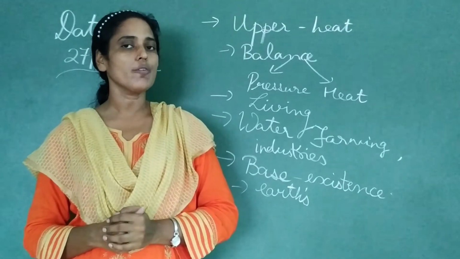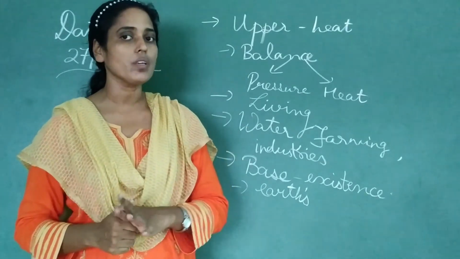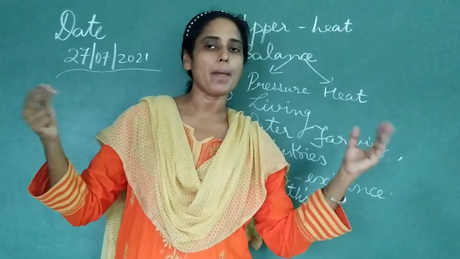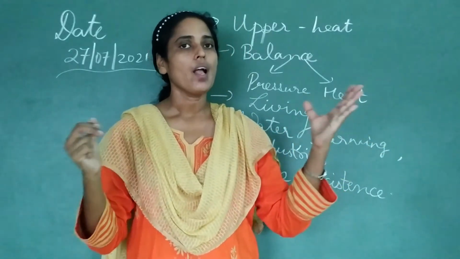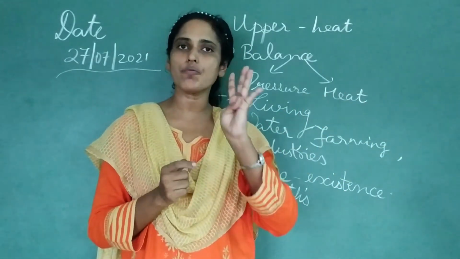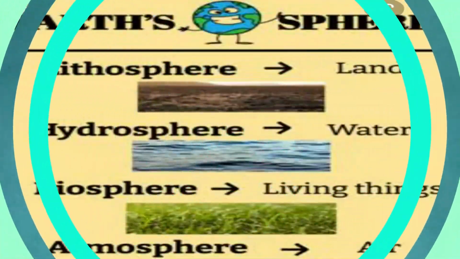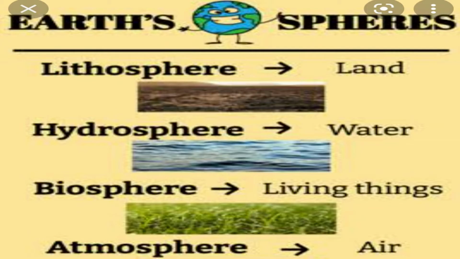So see to it that you watch this topic clearly in the video. We saw the formation of the earth, students, how the earth had its origin from a fireball into different matters and different spheres, in which we saw four spheres: lithosphere, hydrosphere, atmosphere and biosphere. We saw the first sphere in detail, the lithosphere.